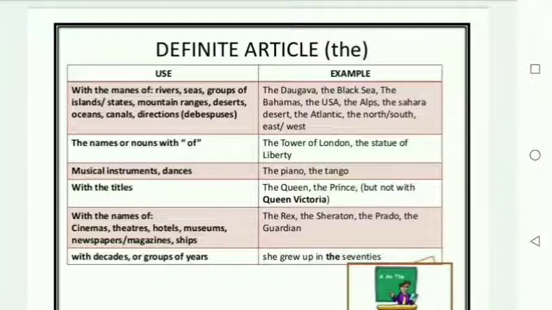Next, with the names of cinemas and theaters, as an example, you can take the Rex, the Sheraton, the Prado, the Guardian, and with decades or groups of years. She grew up in the 70s. So here are some specific uses along with examples of the definite article.